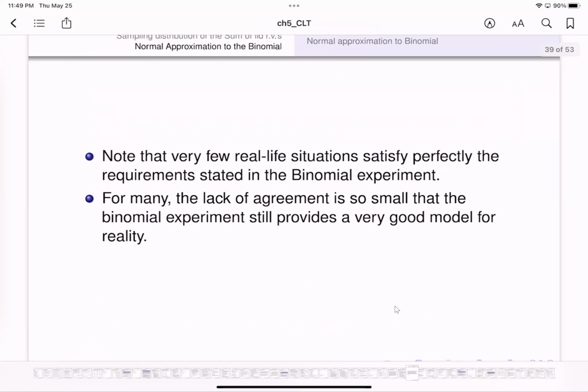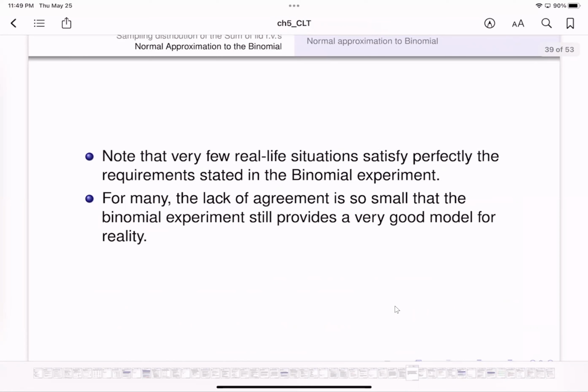One of the situations is that when we randomly select one person out of the population, we are really assuming that there are infinitely many members in the population to select from, and each person has an equal chance of being selected.